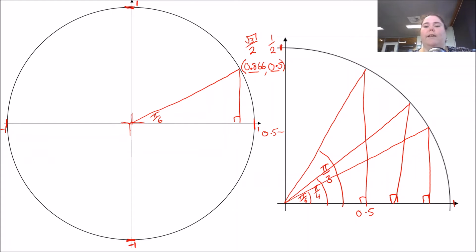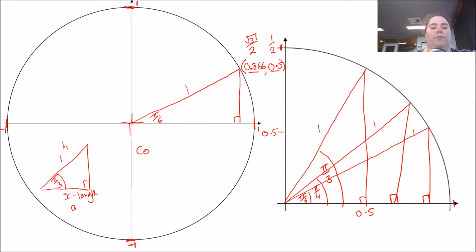So why are these important and how does it relate to trig? Well, if we think about our triangle, pi on 3 angle, we know the radius of our triangle is 1, which means the hypotenuse for all of these triangles is 1. If I tried to find this side down here, my x length, that's my hypotenuse and my adjacent.